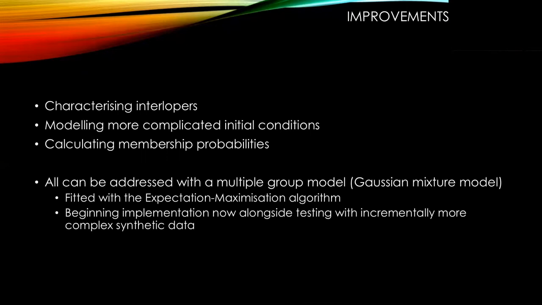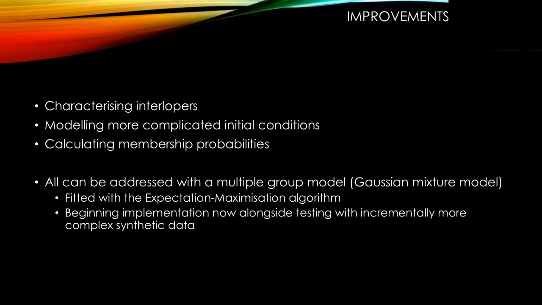And the most important thing people want to know is, okay, sure, this moving group is so old, but is my star really a member of it? And calculate membership probabilities. So to answer all these three things, you fit multiple Gaussians simultaneously to the same data set. So you can have multiple Gaussians mapping onto your association, as well as a bunch of Gaussians which will try and characterize these stars that aren't part of your group.